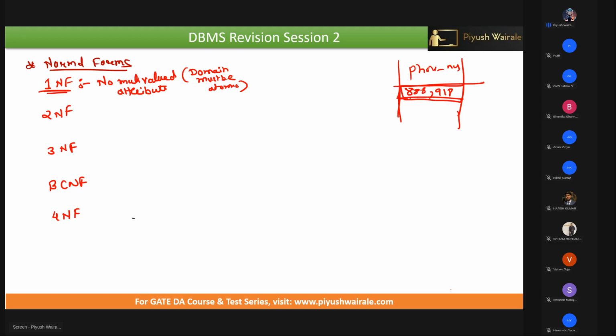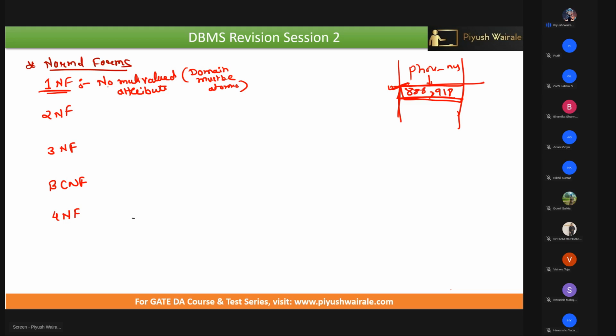If I have this kind of column in which I am putting two values separated by comma or any other separator, it will be difficult to update this entire column, right? So we don't want that. So domain must be atomic here. Only one single value should be there in the particular column. So no multi-valued attribute here.